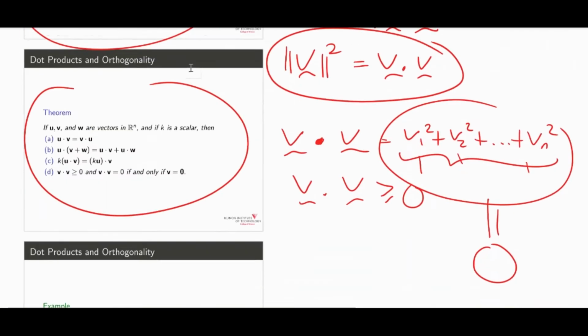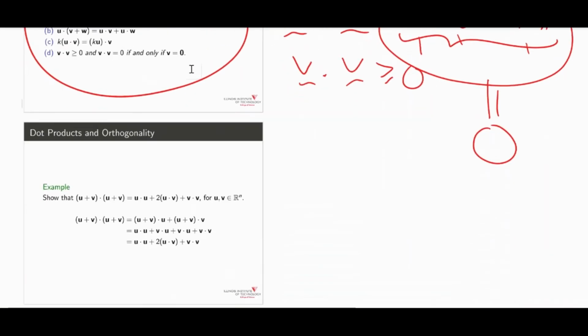Okay, so this is one of the examples, basically just applying the dot product properties that we just saw using this theorem. So we can distribute. If you do that, you have u dot u, you have u dot v, you have v dot u, and we have v dot v.